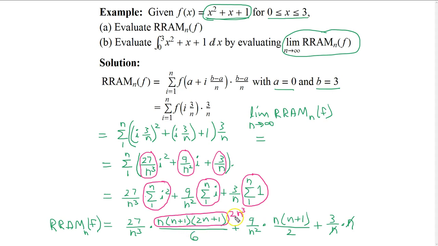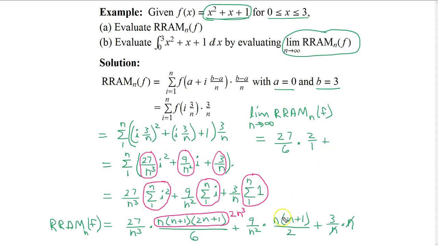And so if we're looking at the limit as n goes to infinity, the degree of the top is going to be 2n cubed, and the degree of the bottom is also n cubed. So our limit as n goes to infinity is going to be 2 over 1, and then we have the 27 and 6. So this term right here in the limit is going to contribute 27 over 6, and then the quotient of the leading coefficients, 2 and 1.